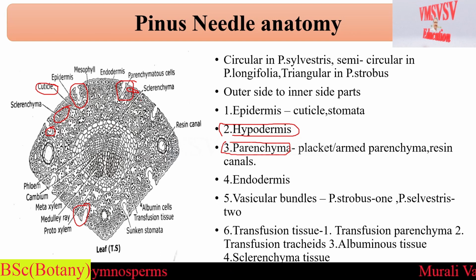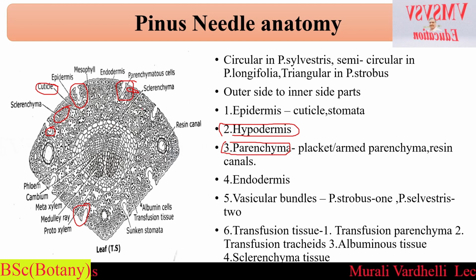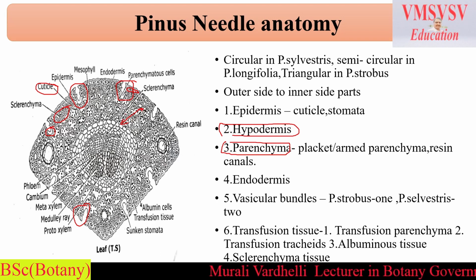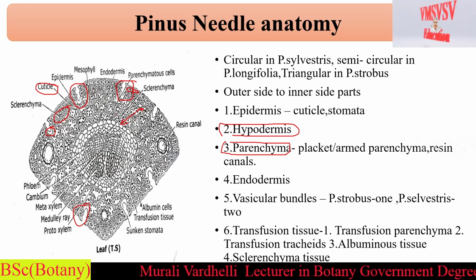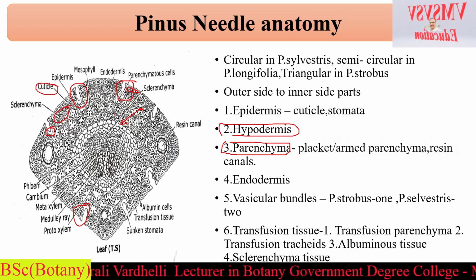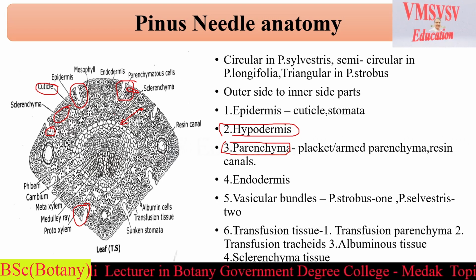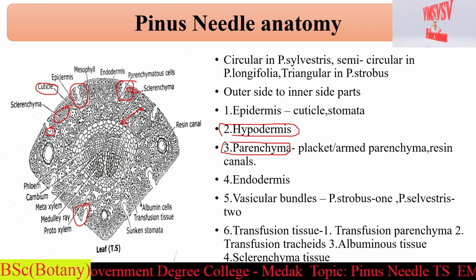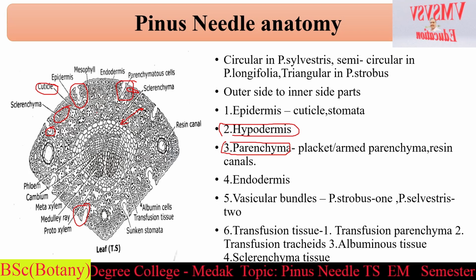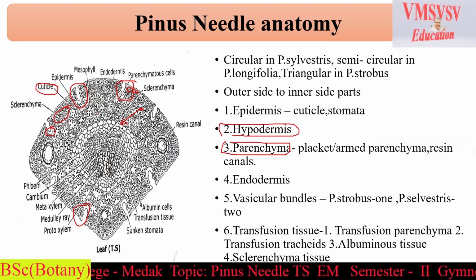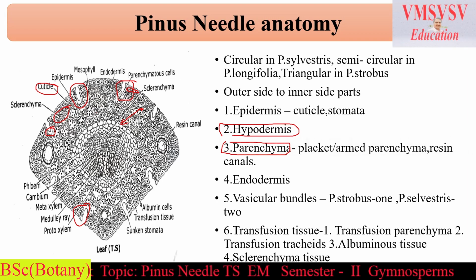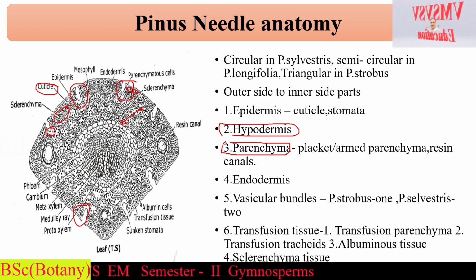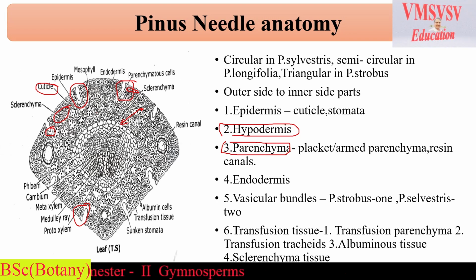Okay, next one is the mesophyll part. What is the mesophyll part? In between the hypodermis part and the endodermis part, parenchymatous tissue is called mesophyll. This parenchymatous tissue is not differentiated into palisade parenchymatous tissue or spongy parenchymatous tissue. Only one type of parenchyma is present.